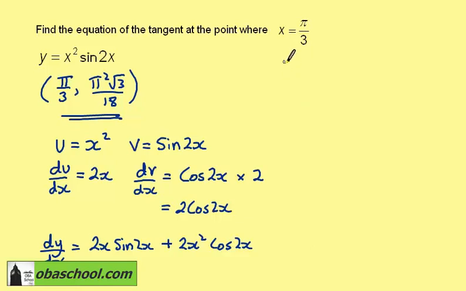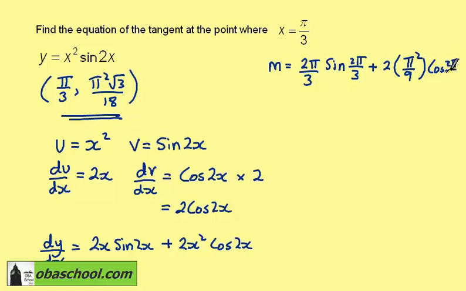So substitute in. The gradient is going to be 2 times π/3 times the sine of 2π/3, added to 2 times (π/3) squared, which is π squared by 9, times the cosine of 2π/3.